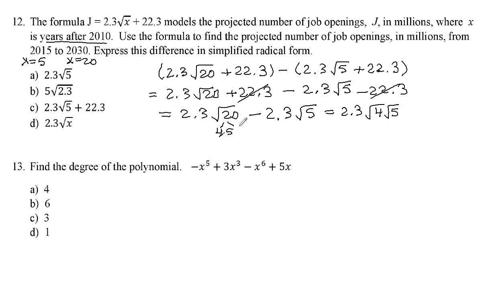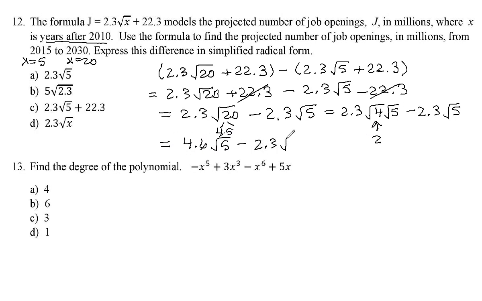So you used the product rule and broke that 20 up. Minus 2.3 times root 5. And then square root of 4 here is 2. So this is actually 2.3 times 2, which is 4.6. So 4.6, and then we've got square root of 5 left. Minus 2.3 root 5.